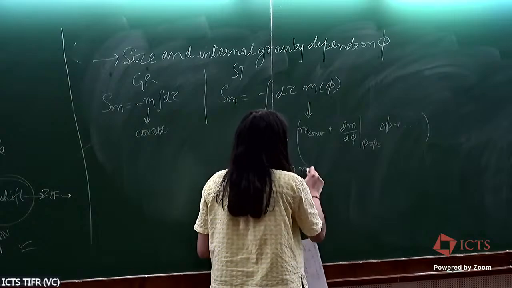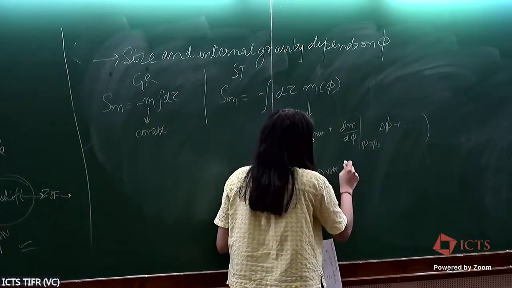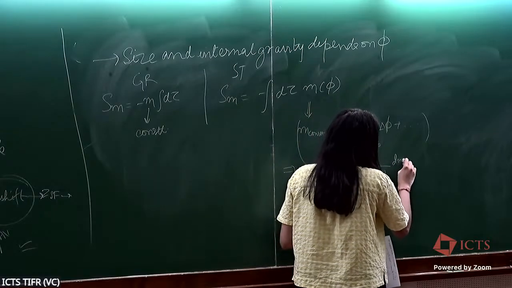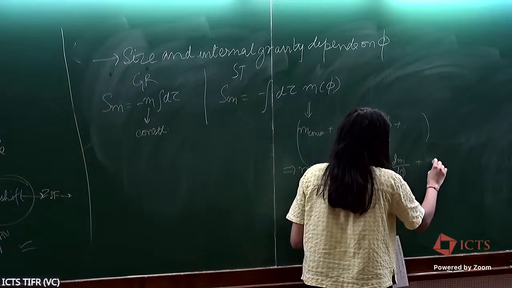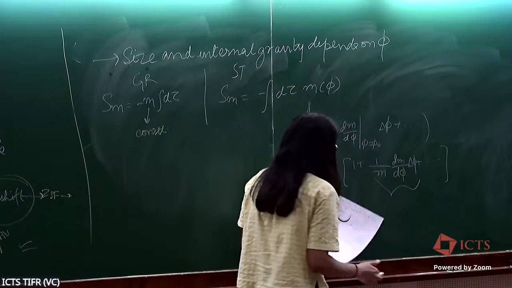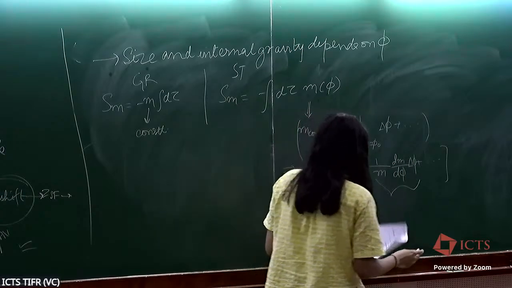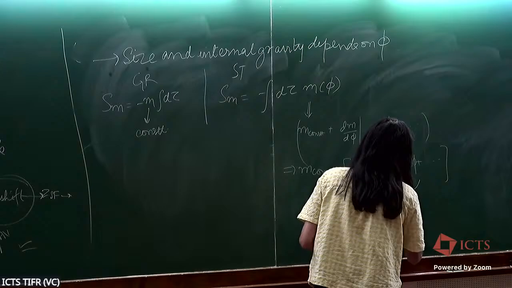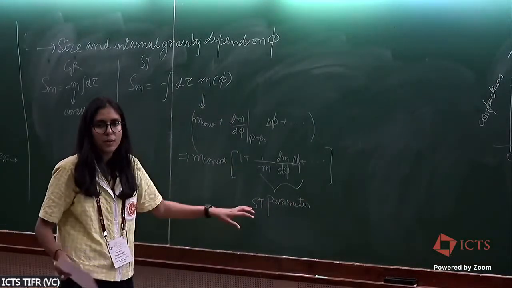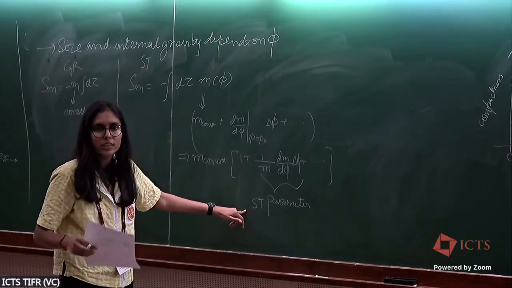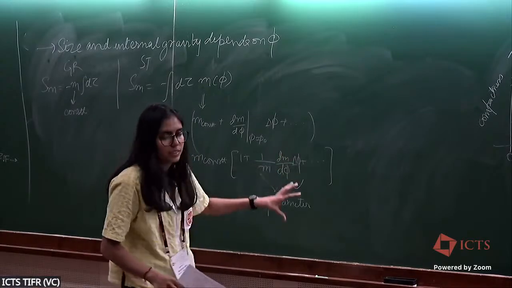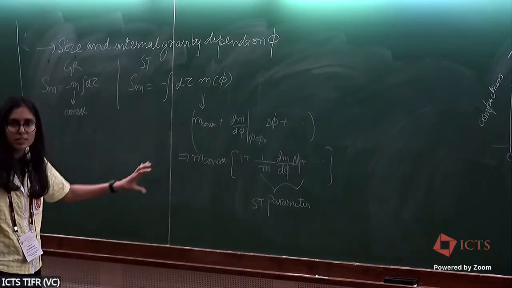And if we want to rewrite it like this, now these terms, which we define as the coefficients or the parameters in scalar tensor theories, which we now call ST parameters, will encode the dynamics in the Lagrangian. So now the Lagrangian will also depend on these parameters, in addition to being dependent only on the masses.